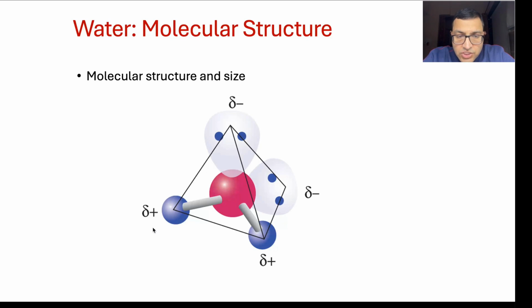There is a partial positive charge on the hydrogen because the shared electron bond between hydrogen and oxygen is more towards the oxygen than hydrogen, so that leaves a delta positive charge. Overall, the molecule is neutral, but there is a partial positive charge on the hydrogen and a partial negative charge on the oxygen, which balance out, and that makes the water molecule neutral.